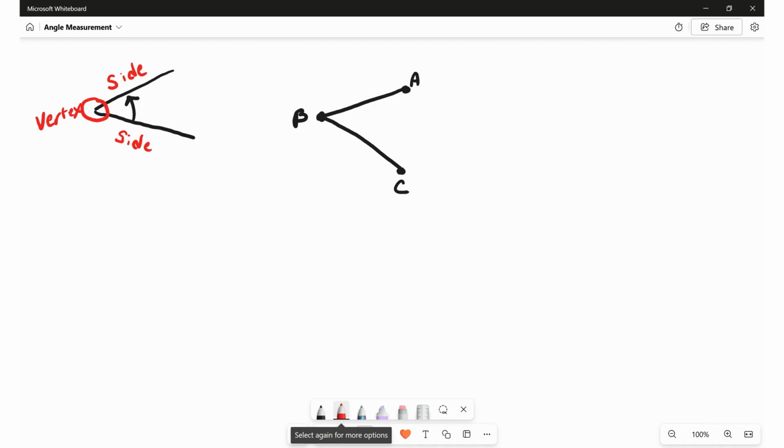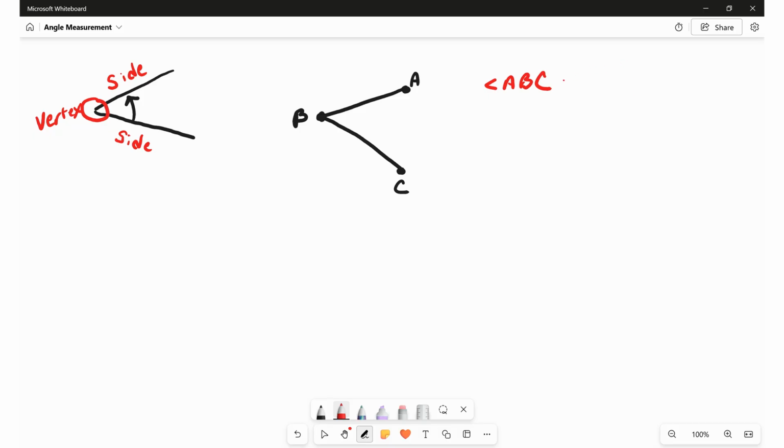Well, we can first of all say that it is angle ABC. So if you notice, we are using all three letters that encompass points on this angle. And if you also notice, the middle letter is the vertex, and the middle letter will always be the vertex.